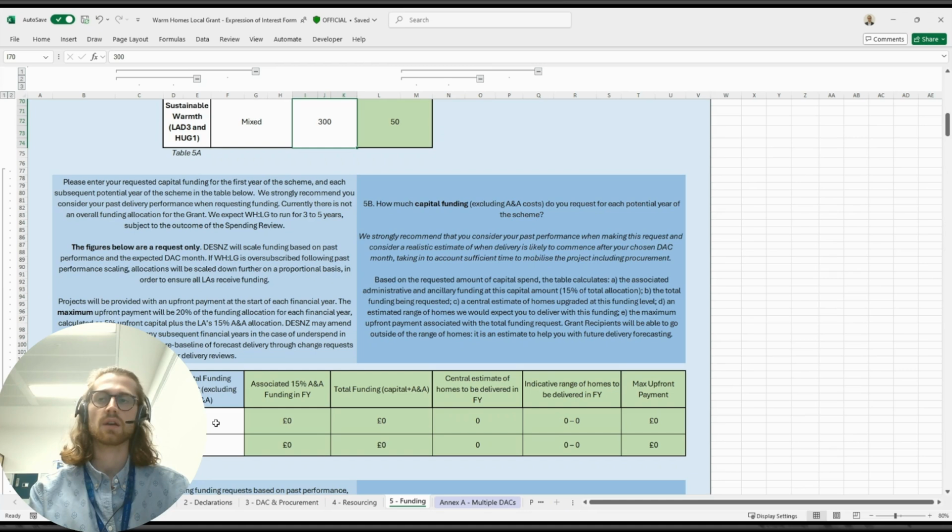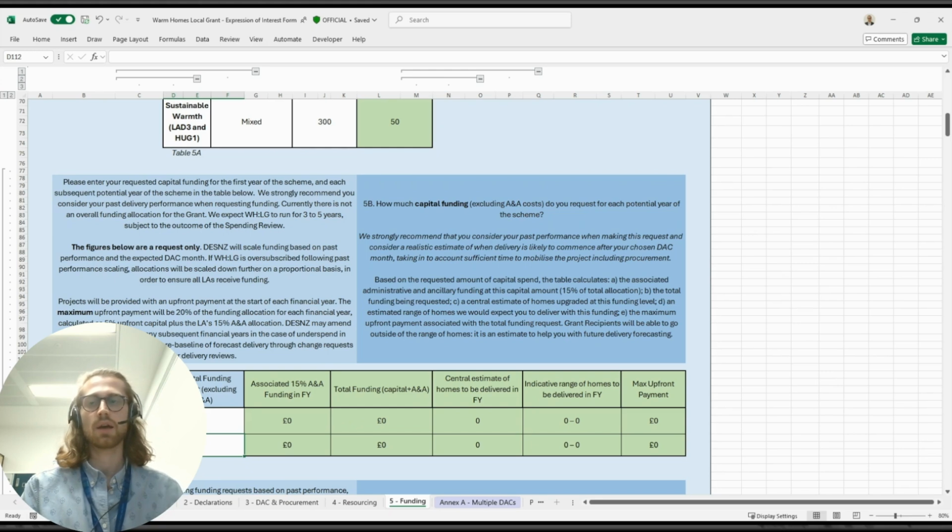And we ask for this information for the first financial year of the scheme, so from April 2025 to March 2026, and also for subsequent financial years, because at the moment we don't know exactly how long the grant will last. We're asking for it in this format, and this is per 12 months, so it's not assuming a total runtime of the grant. It's just saying for each subsequent financial year, what would your capital funding request be?